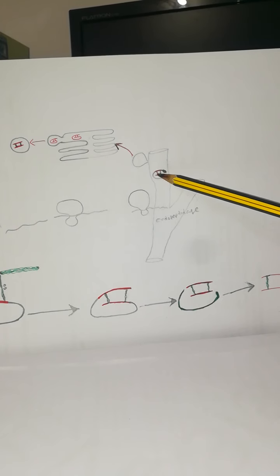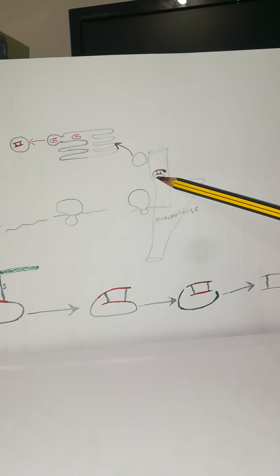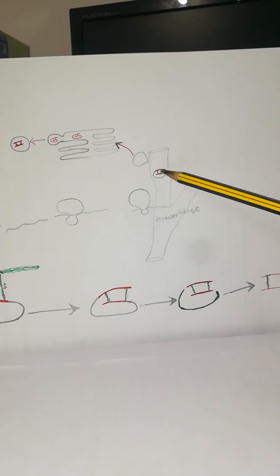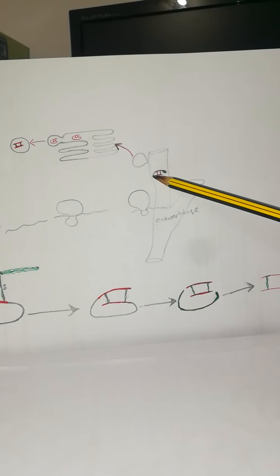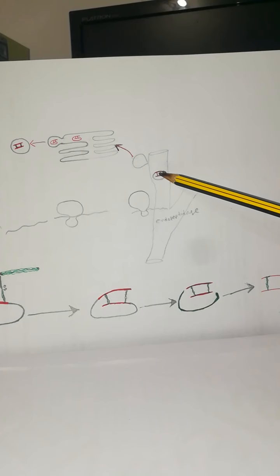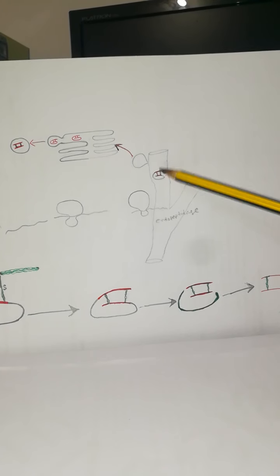This disulfide bond causes proper folding of the elongated protein. So here in the endoplasmic reticulum, here is the initial segment, beta chain, C peptide, and alpha chain, properly folded by this disulfide bond.